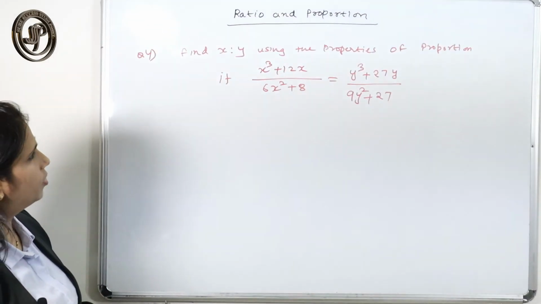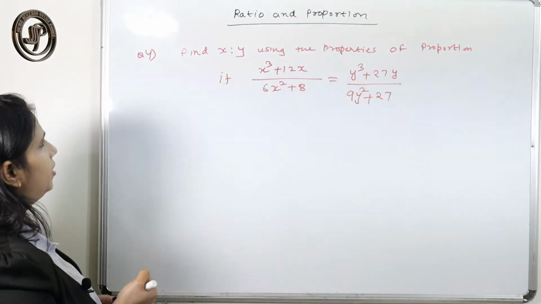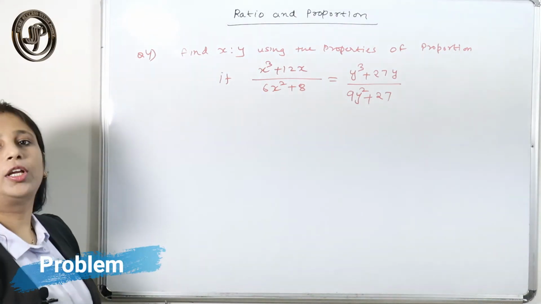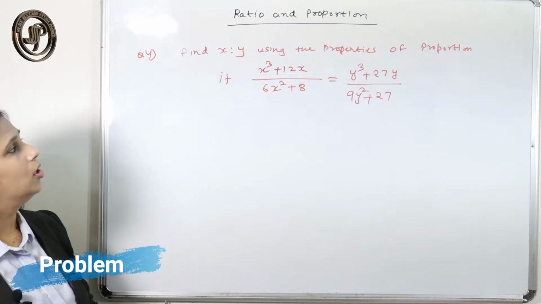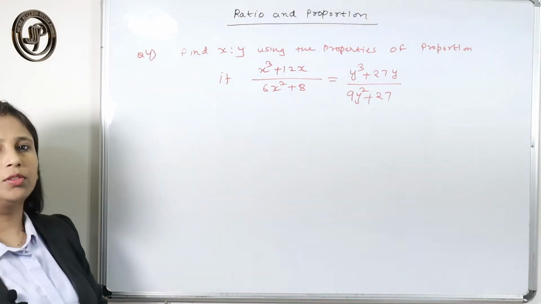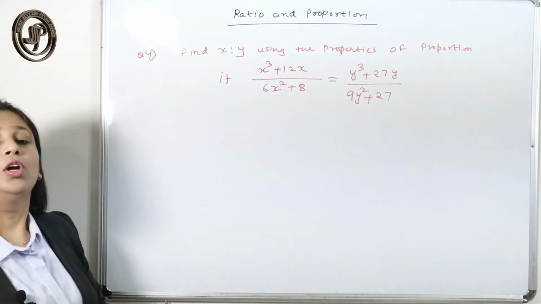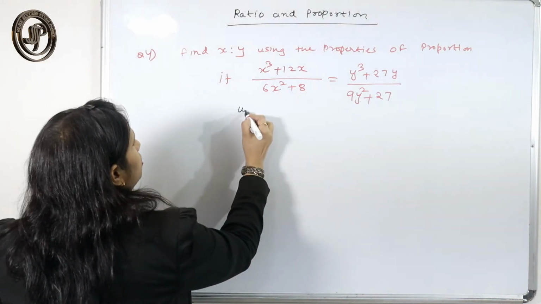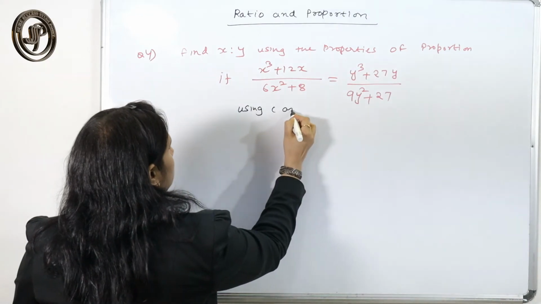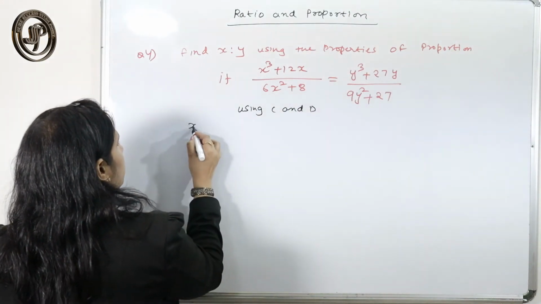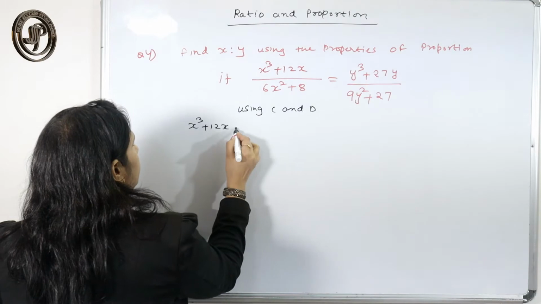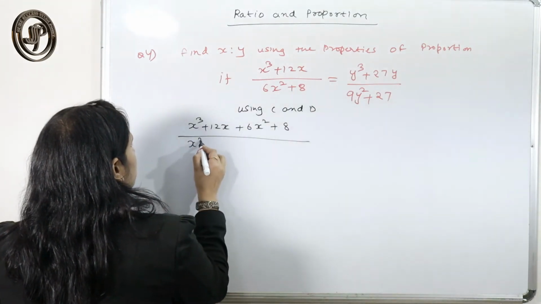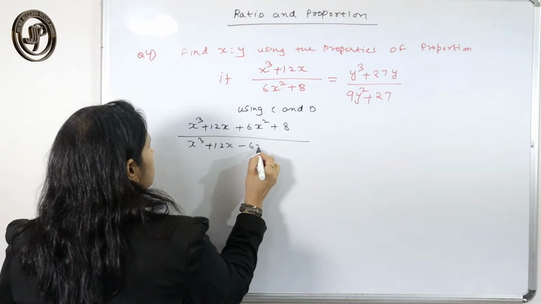Here is one more question. Again, using the properties of proportion, here you have to find the ratio x is to y. Since two variables are there, they have asked to find x is to y. How do we do that? Using C and D. If we use componendo dividendo, then numerator plus denominator, numerator minus denominator.